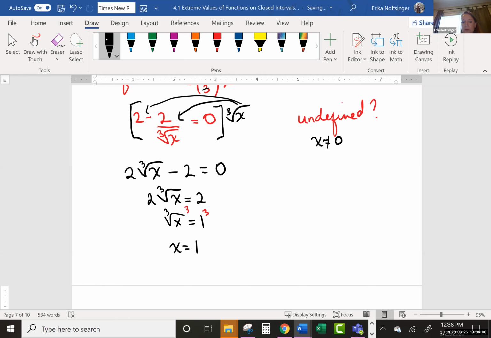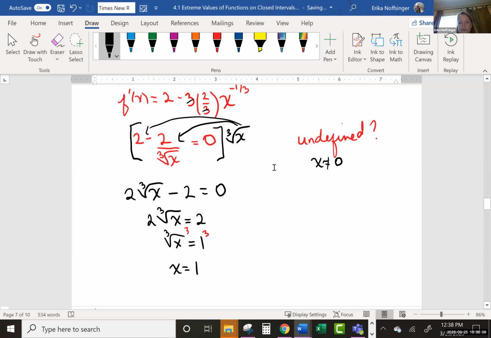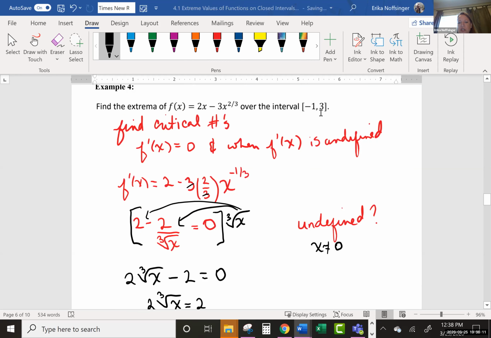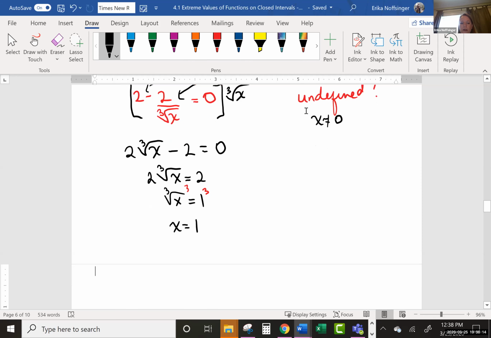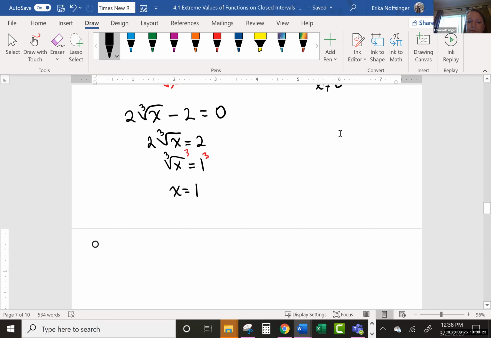So I have 2 numbers that we found to be critical numbers. We have to see if they are in the interval that we were given. Let me go back and see what interval we're given: between -1 and 3. So 1 is between -1 and 3, and 0 is between -1 and 3. So critical numbers are x equals 1 and x equals 0.